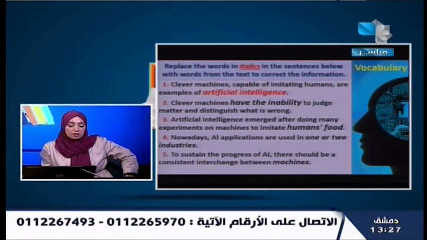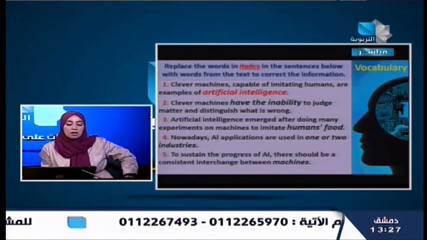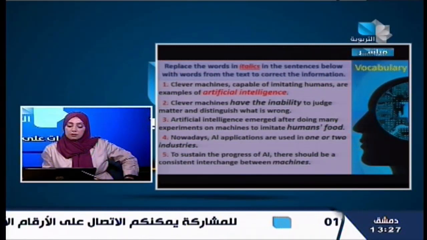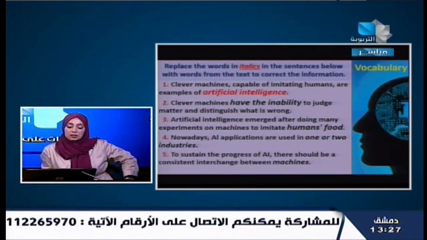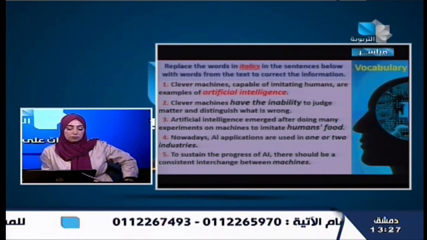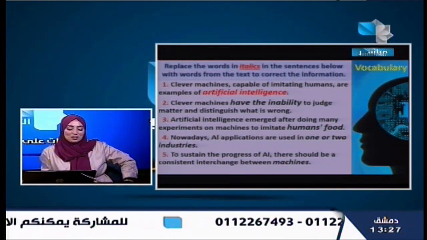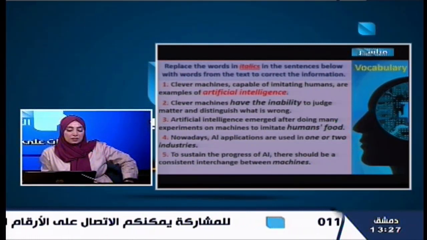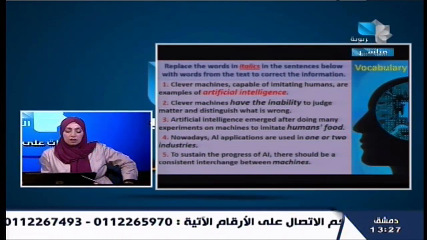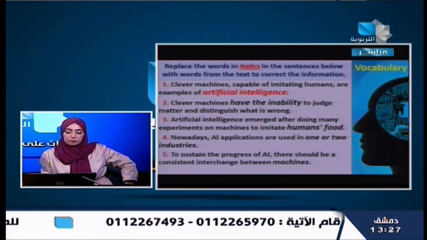So clever machines capable of imitating humans are examples of artificial intelligence. Thank you. Next one. Clever machines have the inability, my gosh, to judge matter and distinguish what is wrong. I don't think they have the inability. They have the ability. They have the ability, sure.